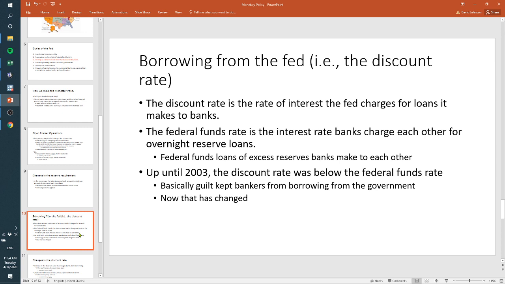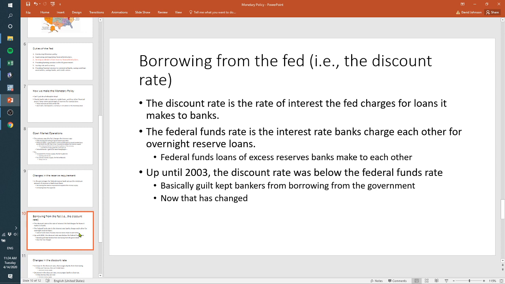Now, up until about 2003, the discount rate was below the federal funds rate. And, basically, policymakers felt that no bank would want to feel the shame of borrowing from the government. And they wanted to have this emergency interest rate, this emergency funds market available for banks who really needed it. Well, banks are corporations, they are super rational.